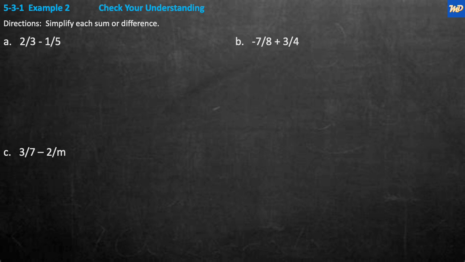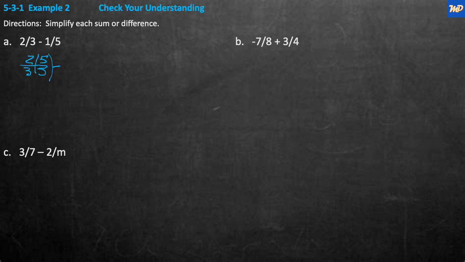Okay, now that you're back, let's start with A, 2/3 minus 1/5. It's always a process. Remember, always a process. In this case, start with the very first fraction, 2/3 times 5 over 5. Remember, you use the denominator from the other fraction.